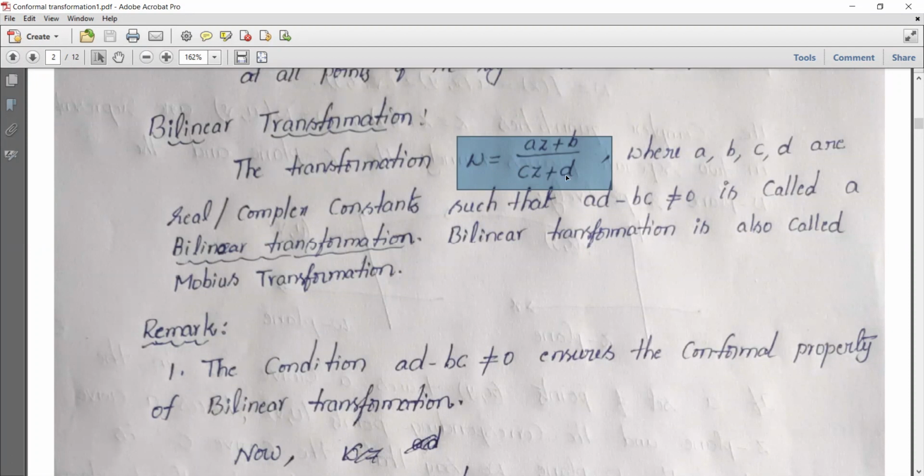We should find those constants to get this transformation. And also AD minus BC is not equal to 0. This transformation is called bilinear transformation. And it also has another name, that is Mobius transformation.